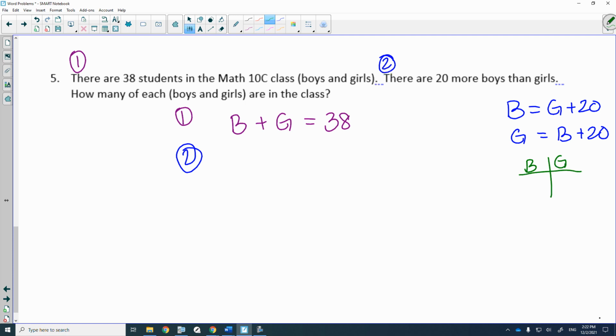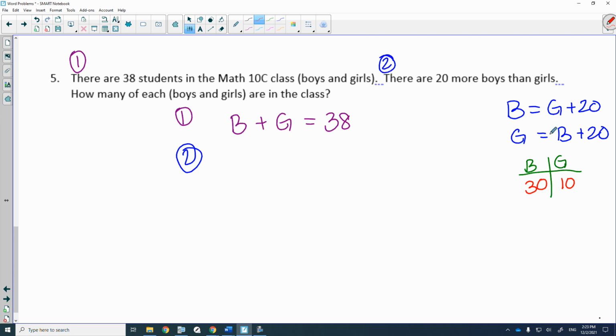And I would have to pick a number. So 20 more boys than girls. What are there less of? Girls. So I always give the number 10 or whatever number to the less. So there's 10 girls. If there's 20 more boys than girls, how many boys would there be? There'd be 30. So based on these numbers, which one would make sense?